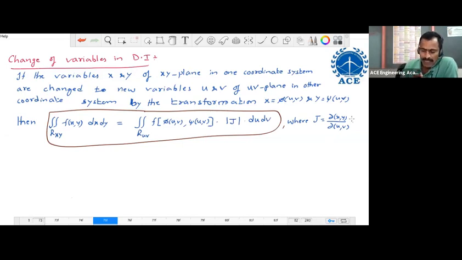In the case of a double integral, that is in the 2D case, the particular case is Cartesian coordinate system to polar coordinate system, or polar to Cartesian.